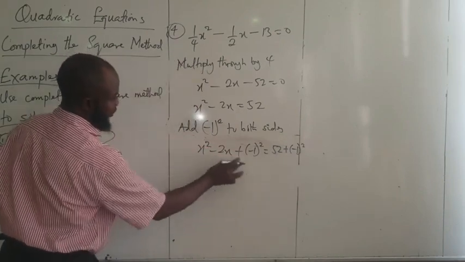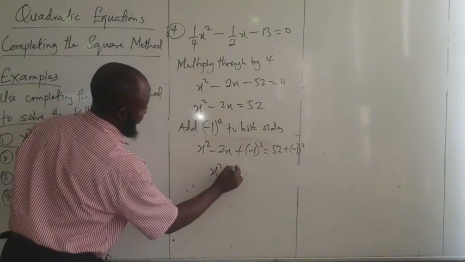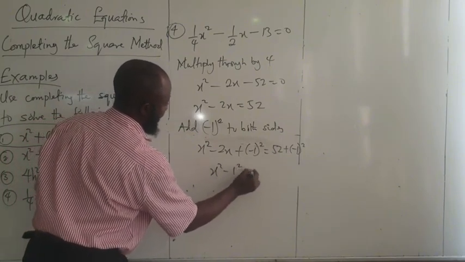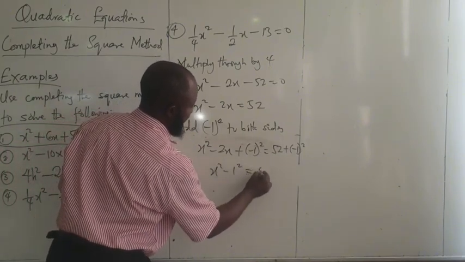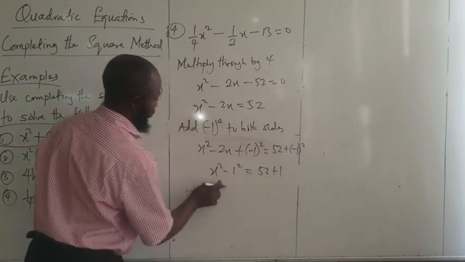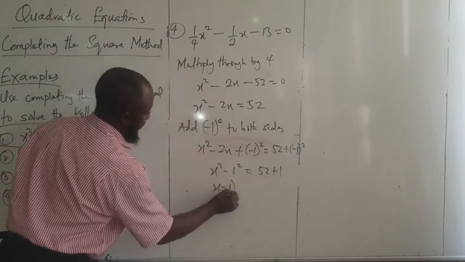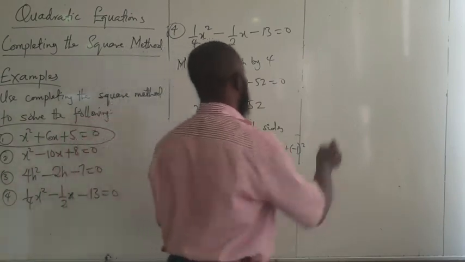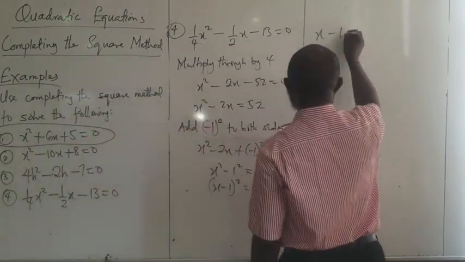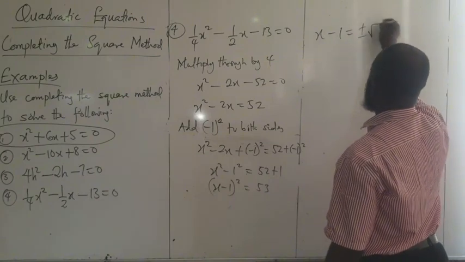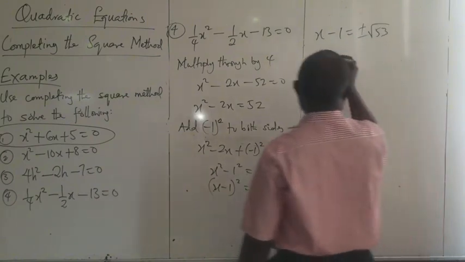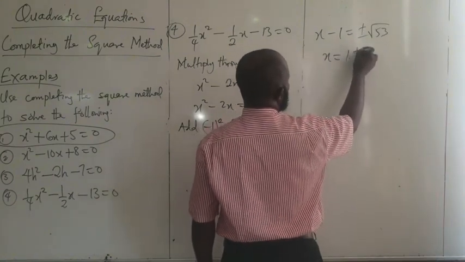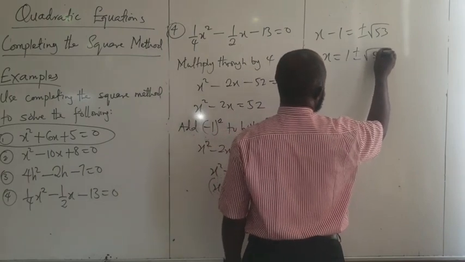So this one will then turn to x squared minus 2x plus 1, which is x minus 1, everything squared, equals 52 plus 1, which is 53. So we can then have x minus 1 equals plus or minus square root of 53. So that means x equals 1 plus or minus square root of 53.